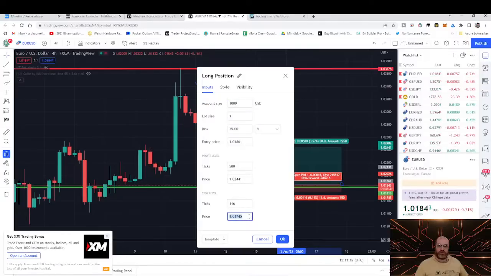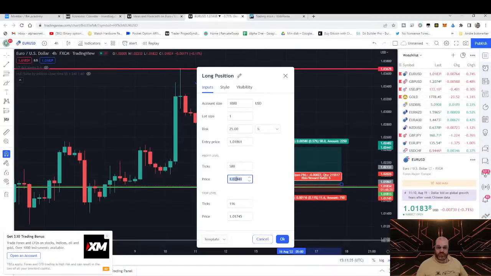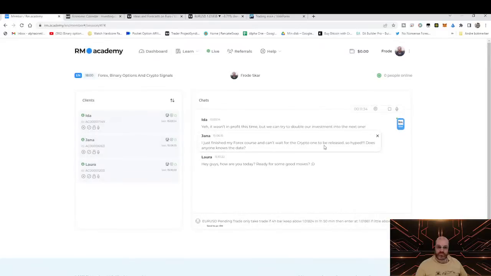Stop loss, I'll write that also for the ones who, if it's a little above, still take the trade. Stop loss at there, and we take a profit level here. Take profit at this level.